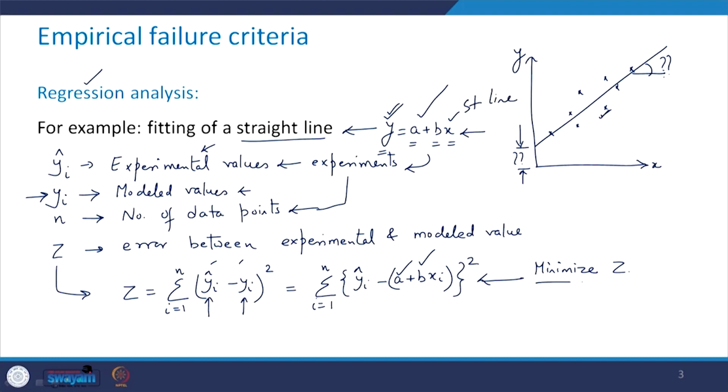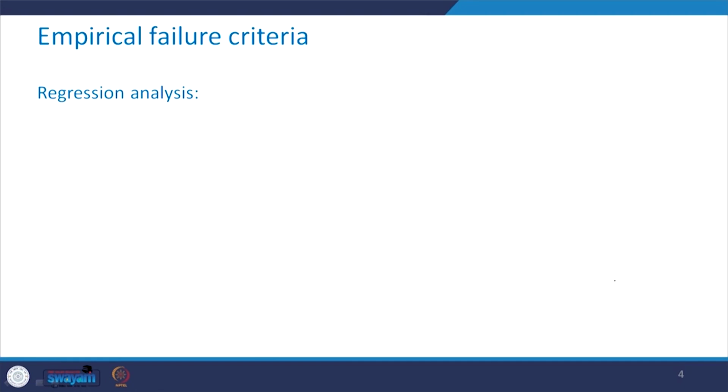So in order to minimize this, from simple mathematics, you know that we have to take the differentiation of this z with respect to a and b and make them equal to 0, and that way we will be able to determine the parameters of this model, which are a and b.